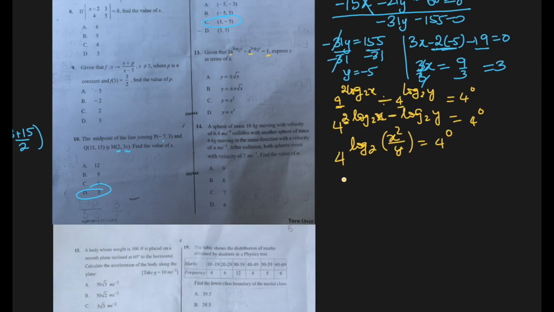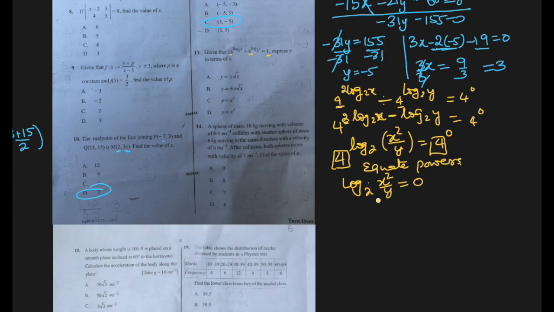So we can say that 4 is the base here and 4 is the base here. Just ignore them and equate their exponents. So log base 2 of x squared over y is equal to 0.